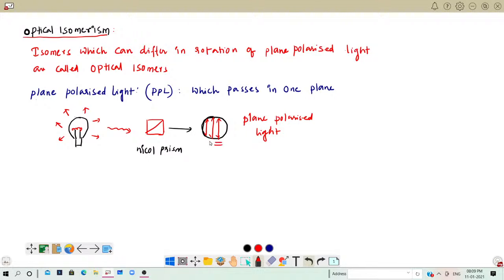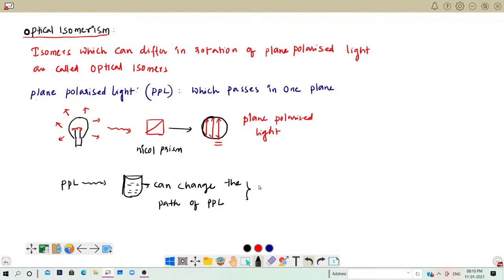Now this plane polarized light, when we pass through a compound, this PPL, we are passing through a sample of an organic compound or any other compound. So then what happens here? This compound can change the path of PPL.